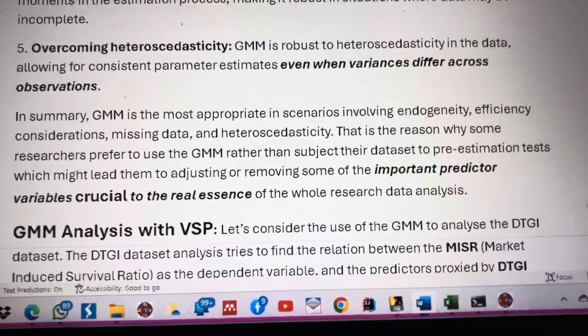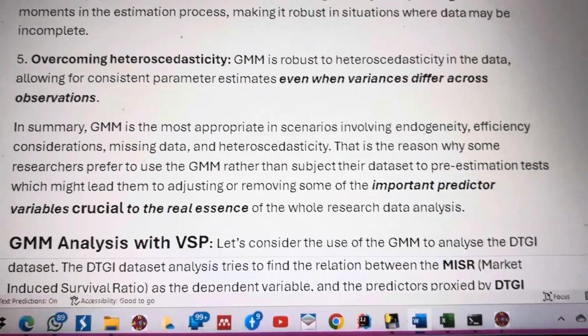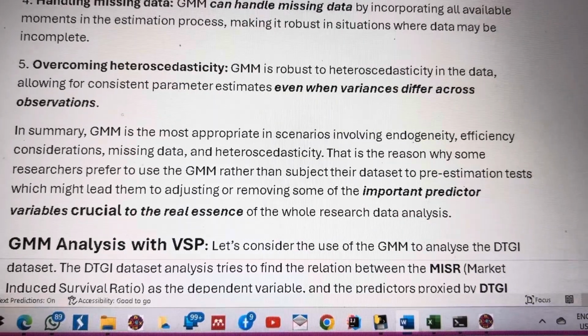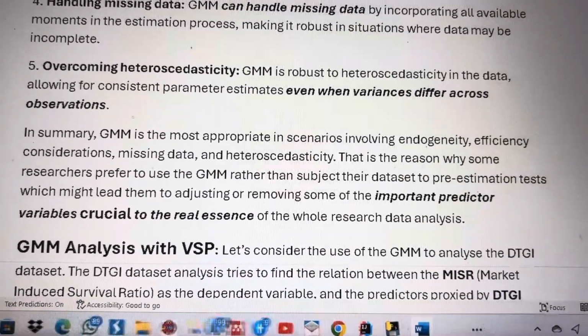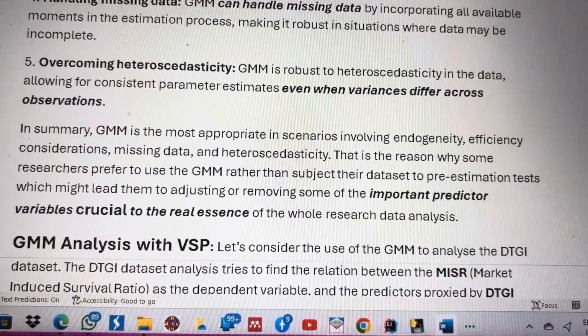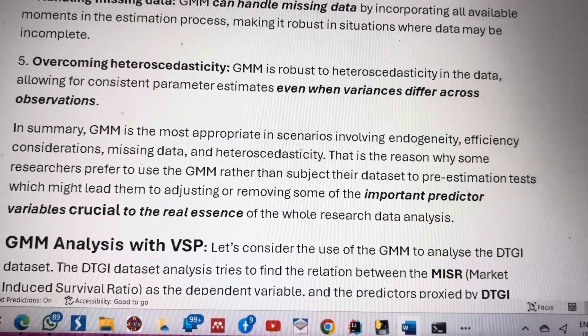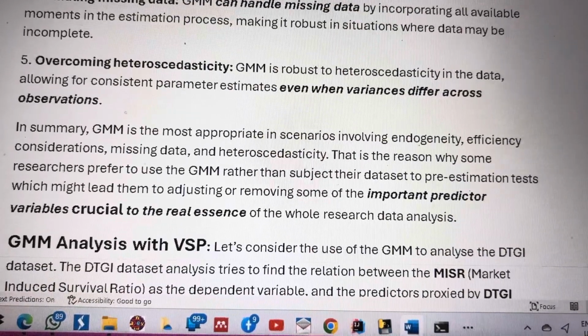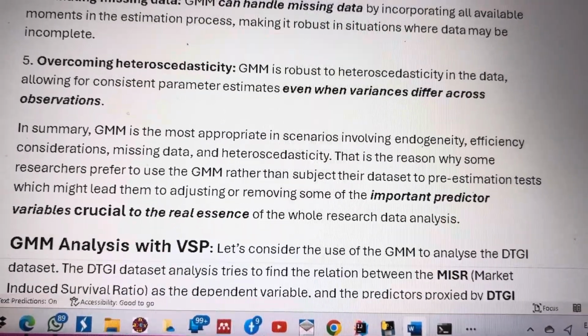Now, you often hear some commentators saying that once your adjusted R squared is too low, then you have to remove some of the variables, or look for the variable that is causing it and remove it.